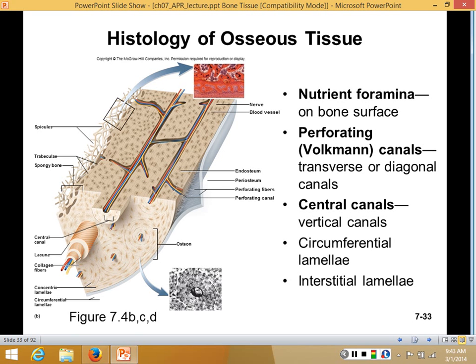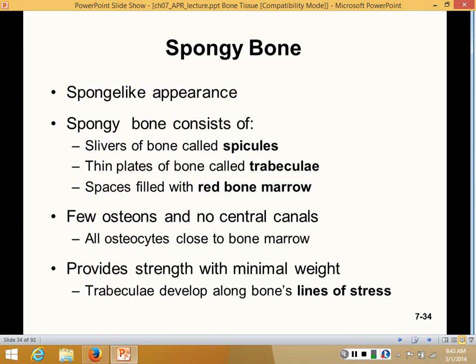Spongy bone. Don't have a lot about the spongy bone. Slivers of bone are called spicules. At the beginning of chapter 7, they had that nice picture on the first page of spongy bone. Those little slivers that you saw, those are called spicules. Then plates of bone are called what?